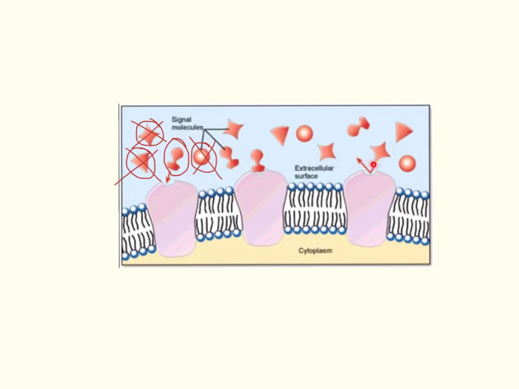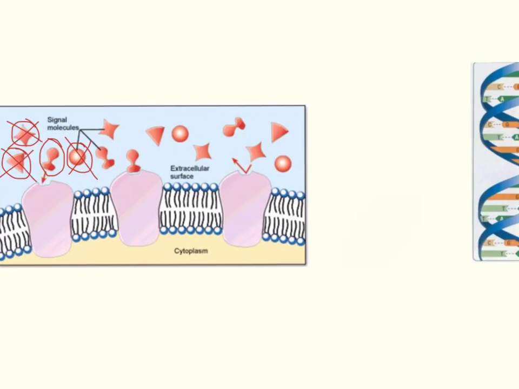This one doesn't fit correctly, so it will not be recognised as it is not a complementary shape. So receptor proteins and signal molecules, sometimes those signal molecules can be hormones and many other different types of chemical messages in an organism, and they are detected by membrane proteins using complementary shapes.